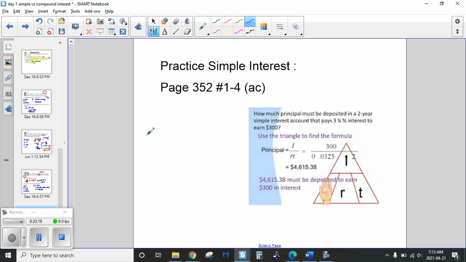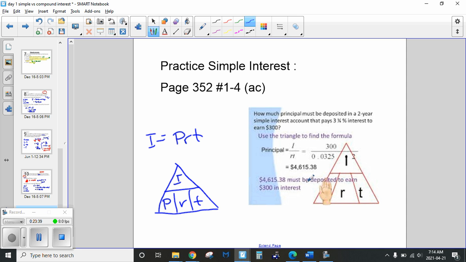So our formula was I equals PRT. So that kind of fits into this triangle that some people like to use, where interest is equal to, and then we can split the PRT across the bottom.